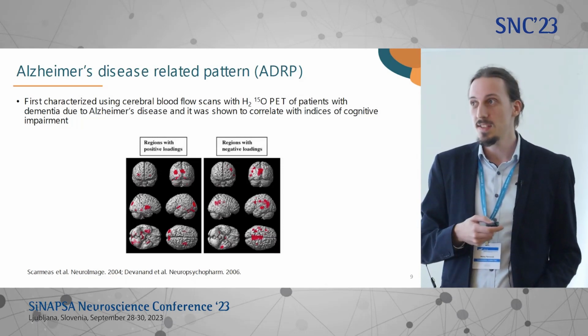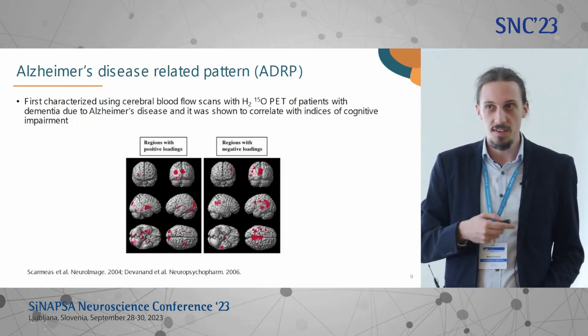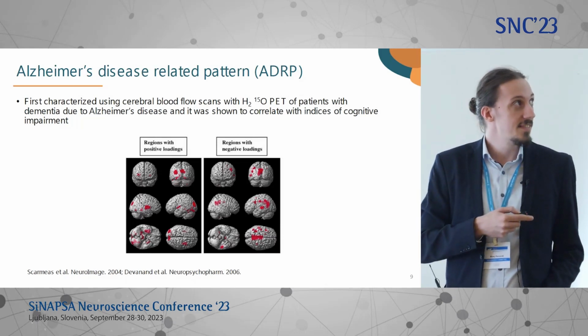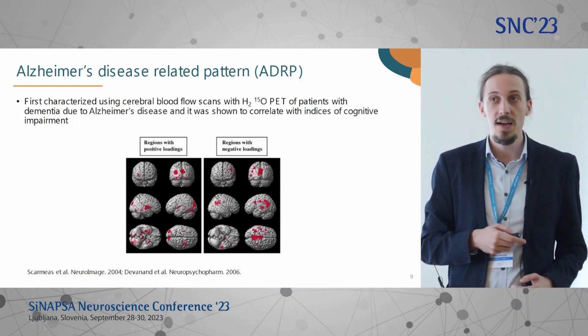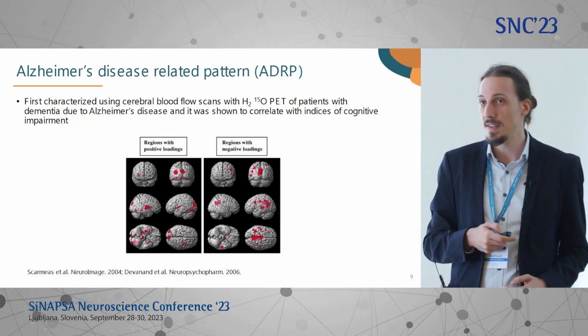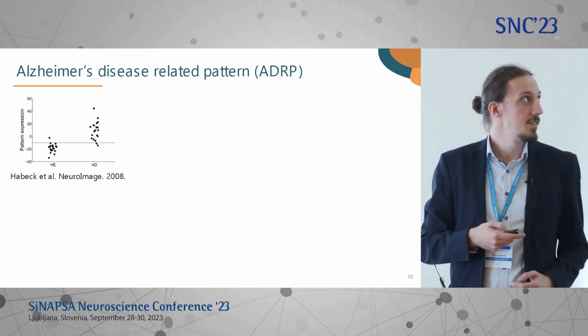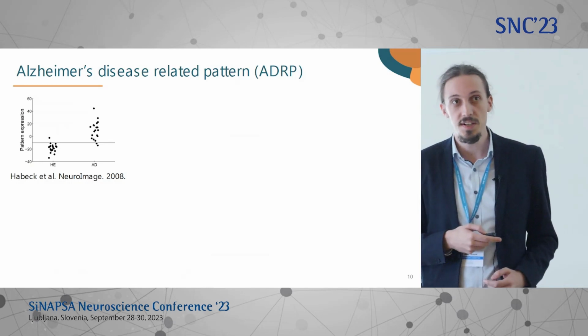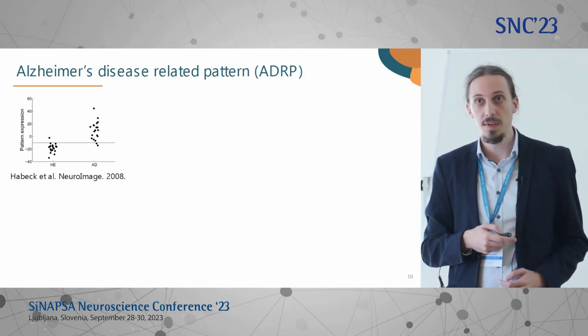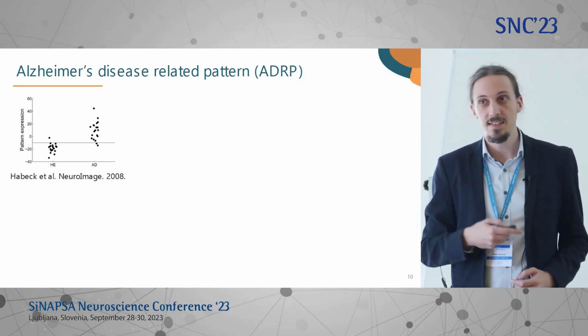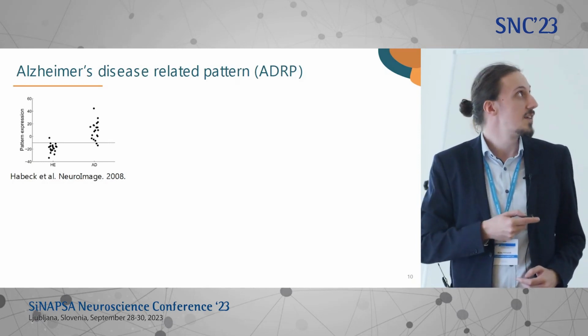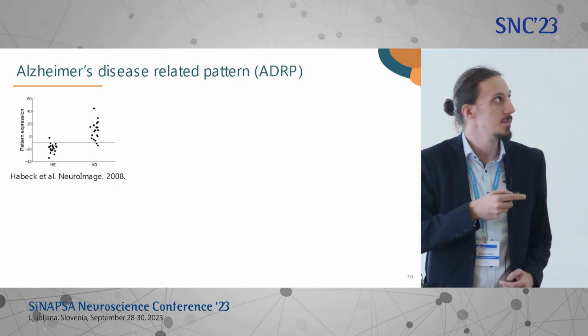The data is noisy. However, even with this data, we can identify a so-called ADRP pattern which correlates with cognitive impairment.